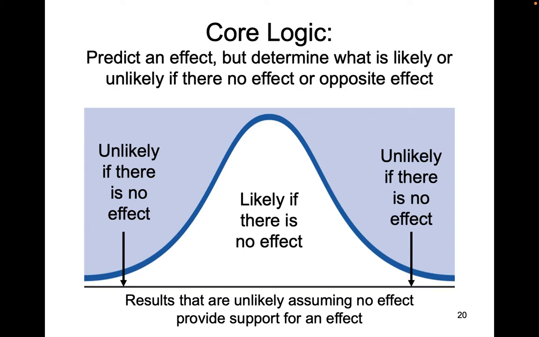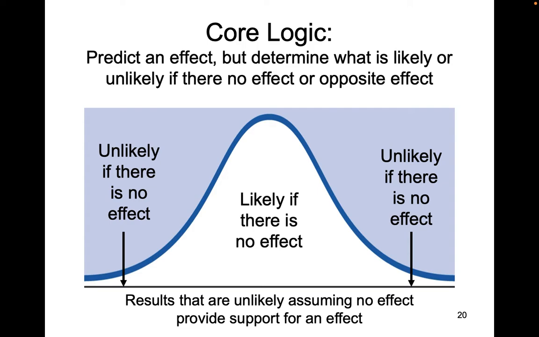So in psychological research, and in really many other sciences as well, social sciences, physical sciences, medicine, researchers will base their conclusions on the question, what is the probability of getting our research results if the opposite of what I'm predicting is true? We usually predict an effect of some kind, right?